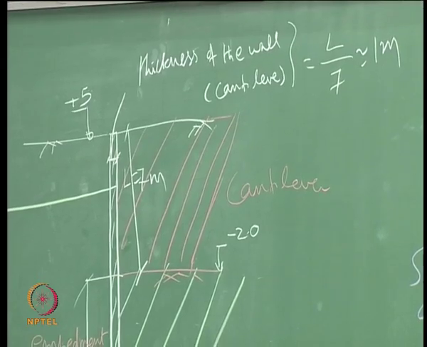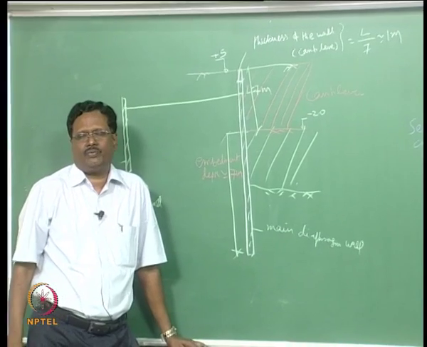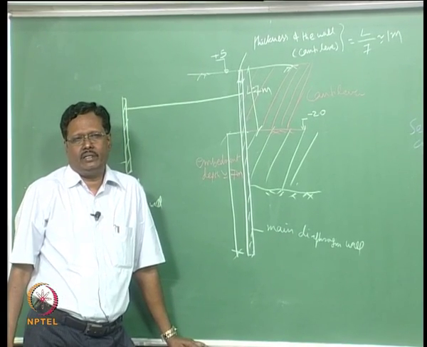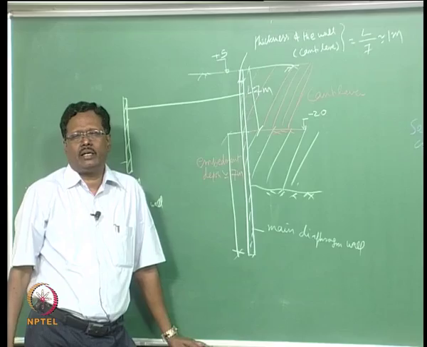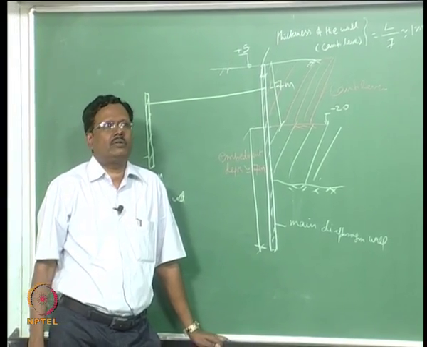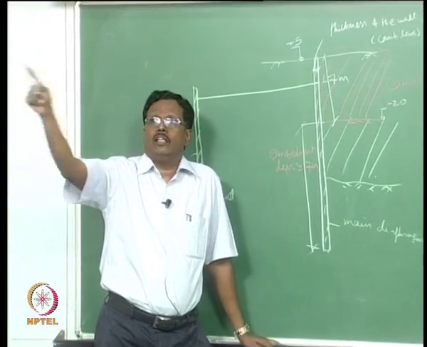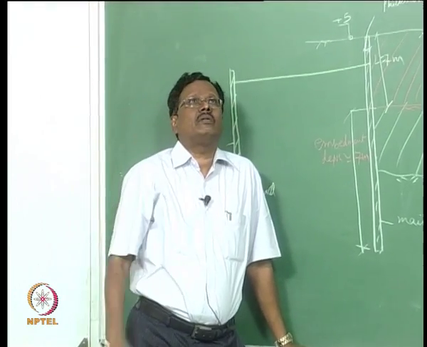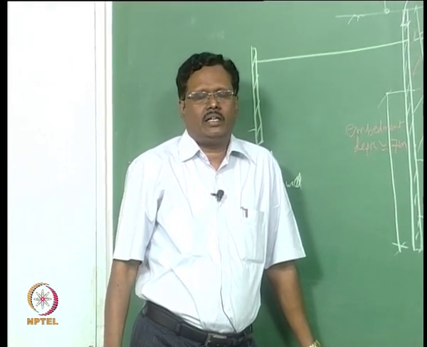So, if you see the span by depth ratio in IS 456 for a cantilever, they say the depth of the cantilever should be span by 7. So, if there is a beam here, there must be a beam here, but they have put the false ceiling.